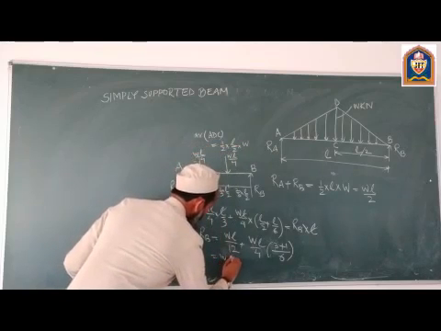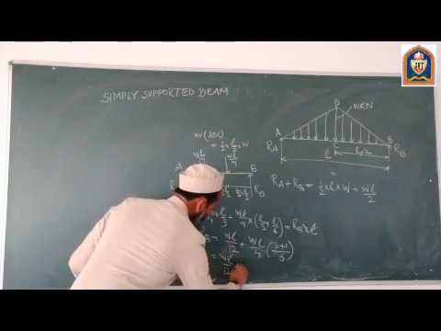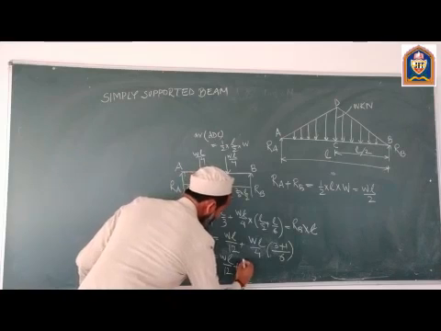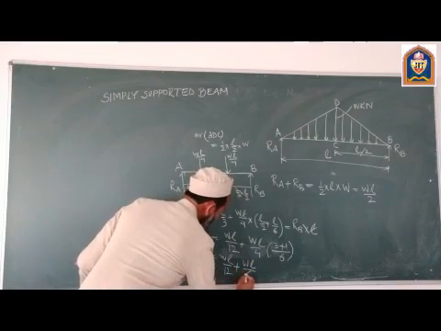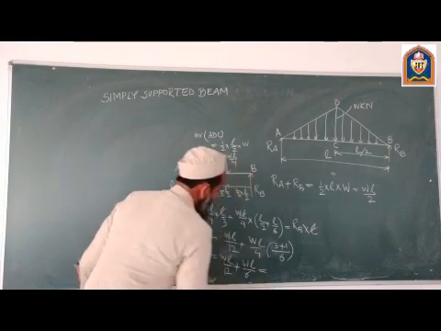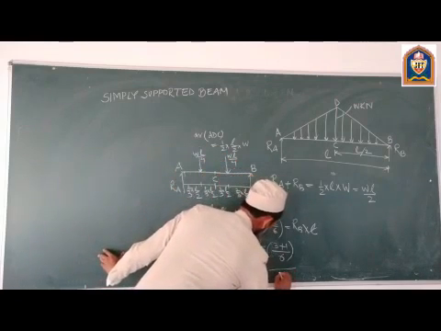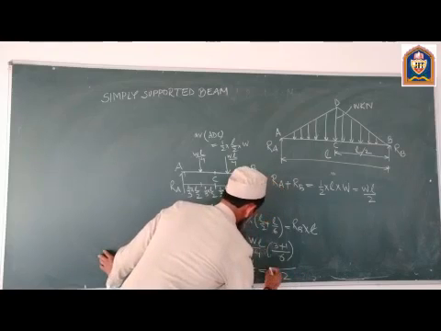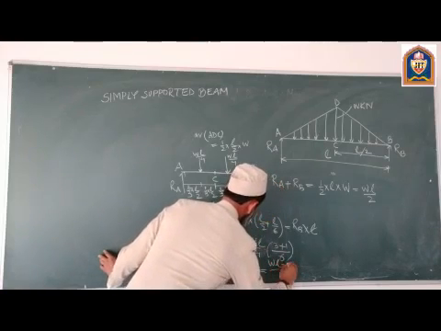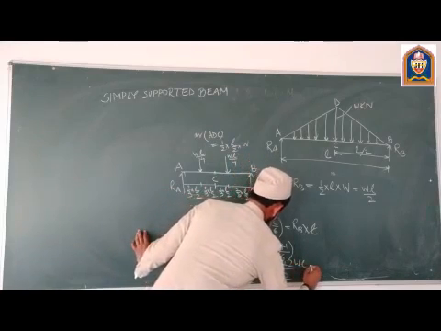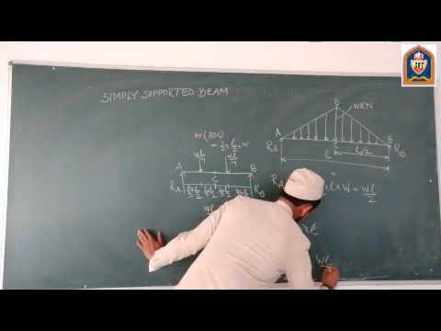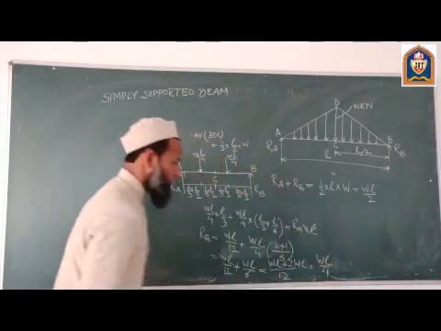So WL by 12 plus WL by 6, and this will be equal to WL by 4.